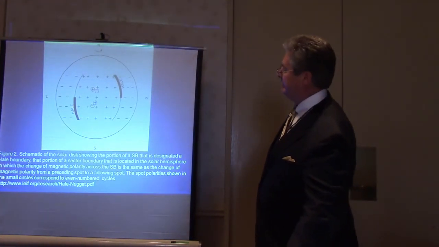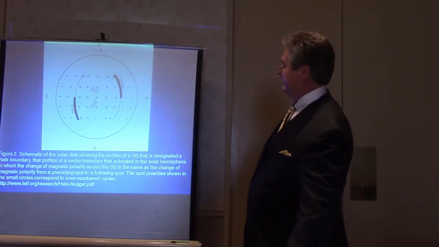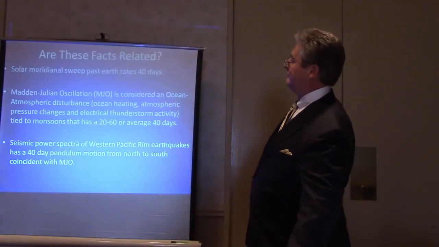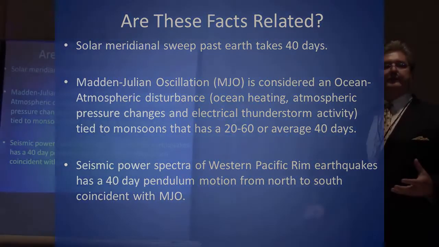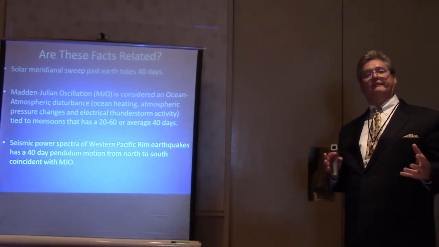And the strength of this varies a lot, significantly. I don't have any charts to show how much, but there's huge changes in that. So what I want to show is there a relationship between this meridional sweep and the Madden-Julian Oscillation, which is a real high frequency El Niño is the way to think of it. It's the same kind of effect as an El Niño, it's just a 40-day effect.